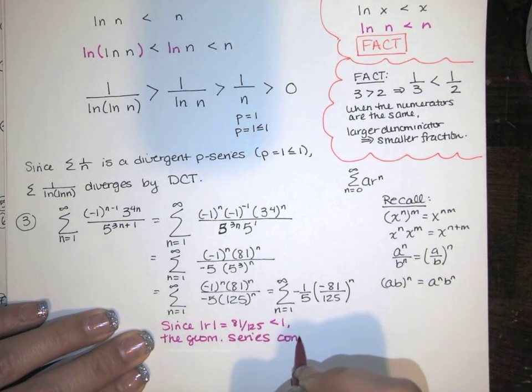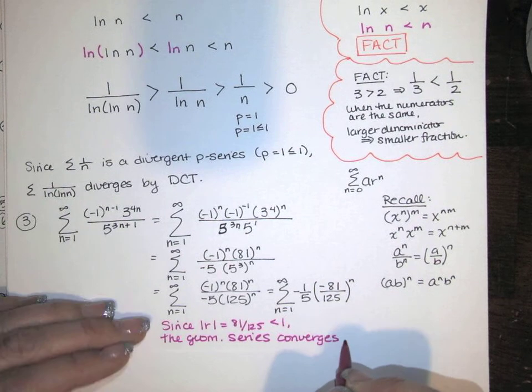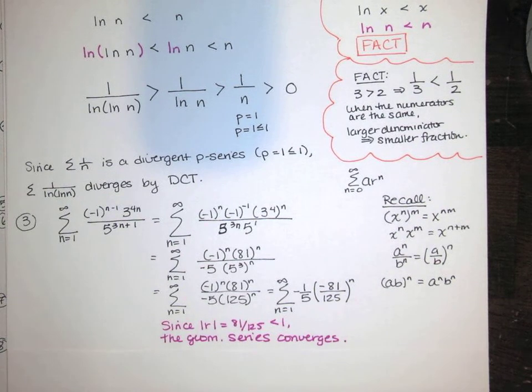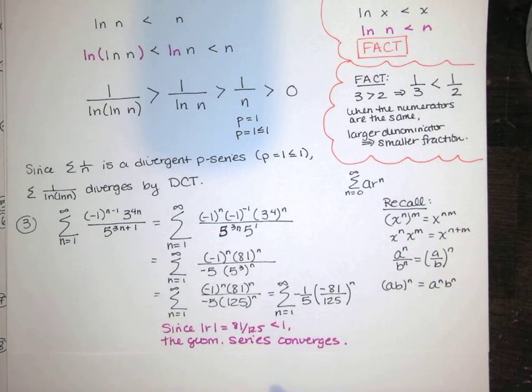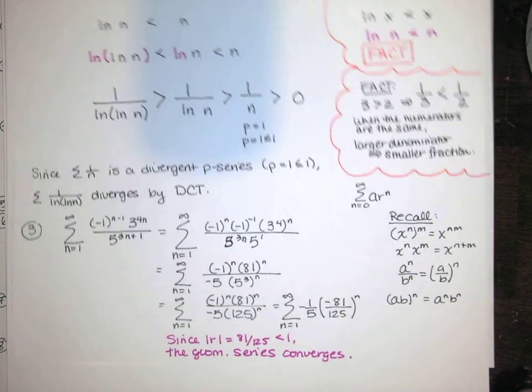Now, if you have a geometric series or a telescoping series, those are some of the few series whose sums we can find. So let's find the sum of this series by identifying the first term, and we already know what r is. So I'm going to use the next page to find the first term.